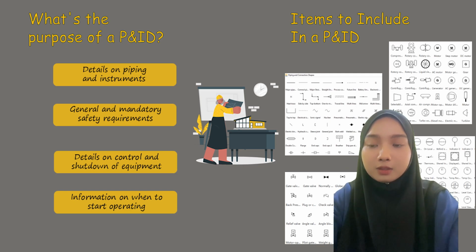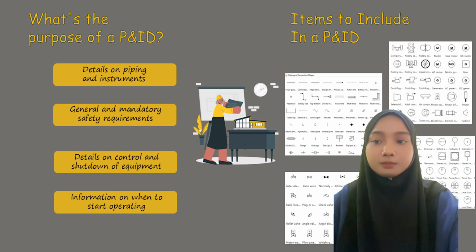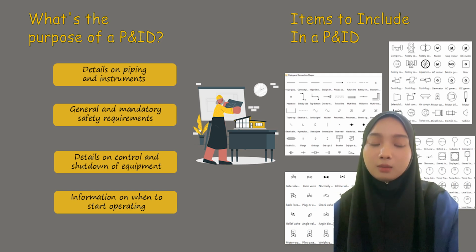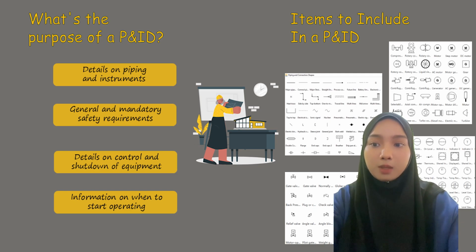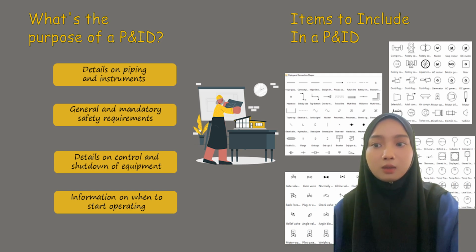Or, to put it simply, if there is no line in the circle, it means it is mounted in the field or plant. If there is a solid line, that means the instrument is located in the control room, making it accessible but remote from the process.